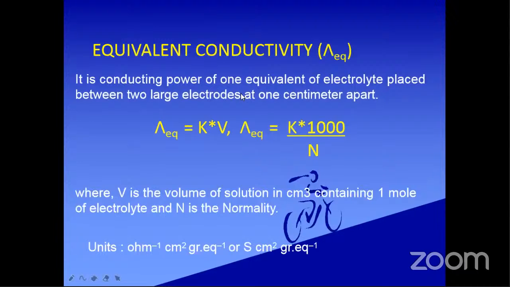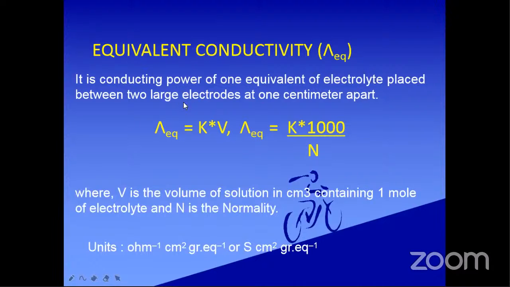Next, equivalent conductance. What is equivalent conductance? It is the conducting power of one equivalent of electrolyte. If you take one equivalent of any substance and dissolve it in the electrolyte, some ions will be generated. The conducting power of one equivalent of substance is called equivalent conductivity.